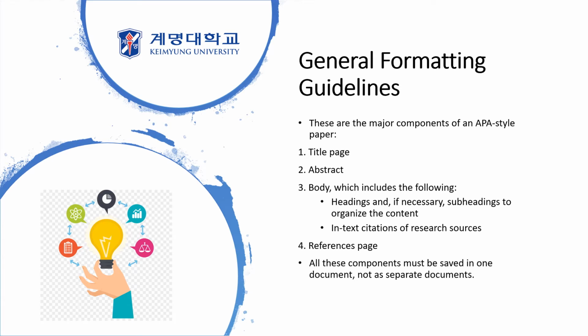What are the general formatting guidelines? You can see the important components of an APA style. Number one, you have the title. Number two, the abstract. Number three is the body, which includes the headings and subheadings.